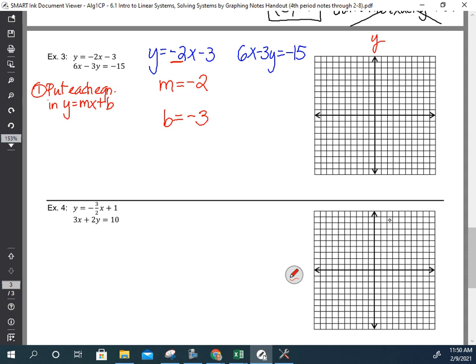Go to your y-axis. Put your dot on, your first point goes on negative 3. Your y-intercept always goes on the graph first. Your slope is negative 2. So how am I going to move? You have a negative slope, how do you move? Not 2 to the left.